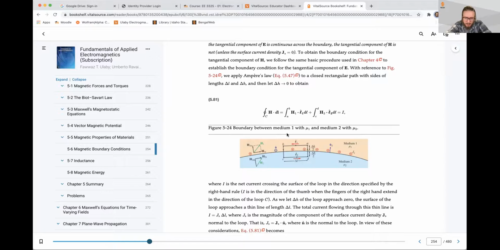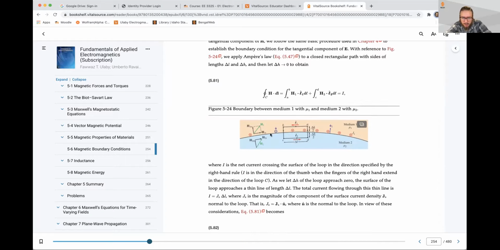So one of the boundary conditions has to do with the fact that if you have a surface current and you make this loop smaller and smaller and smaller, you can get some current. So you can solve for currents on a surface, which is a boundary condition. In electrostatics, charged surfaces gave us different electric boundary conditions. For magnetostatics, surface currents can give us different results for our boundary conditions.